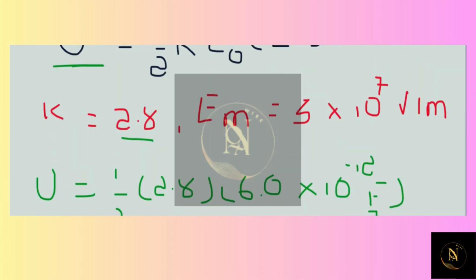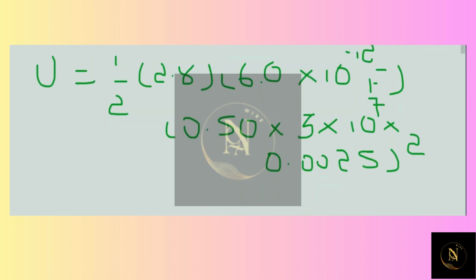Here, let's also remember E is equal to 0.50 times EM. Okay, coming back to the energy again, we will get U as 11.81 into 10 to power minus 3 joule.